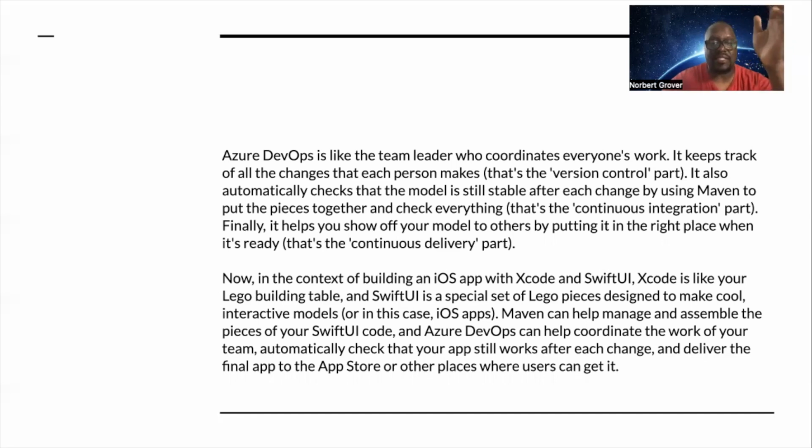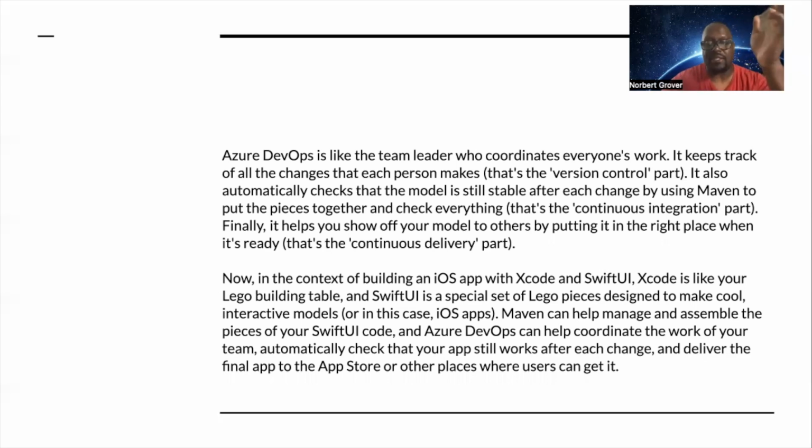Now, in the context of building an iOS app with Xcode and SwiftUI, Xcode is like your Lego building table, and SwiftUI is a special set of Lego pieces designed to make cool, interactive models, or in this case, iOS apps.